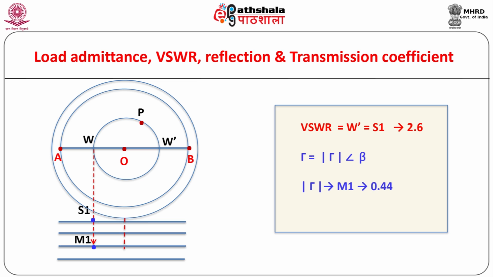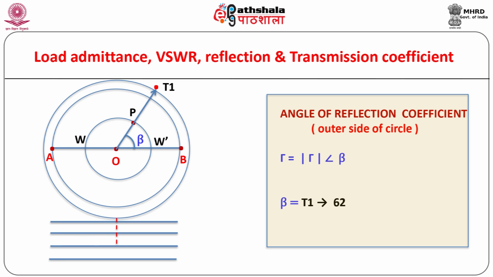The number at W dash also gives the value of VSWR. The number at M1 represents the magnitude of the reflection coefficient. Step number 6. Extend the line OP to meet the circular scale marked in degrees to measure the angle of reflection coefficient at point T1. The reading at point T1 represents the angle of reflection.